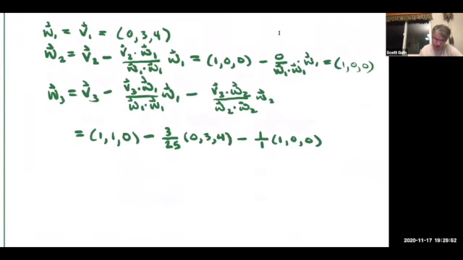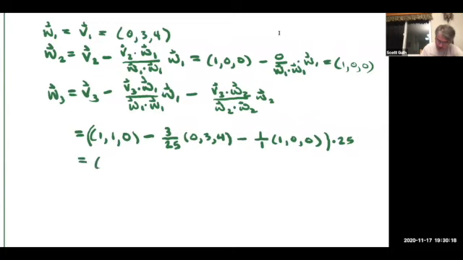Now, I've mentioned it's a good idea to clear fractions on this, and you can multiply these by any non-zero scalar. So just to make this a little easier, I'm going to multiply this by 25. And I may multiply by something else later if it helps.